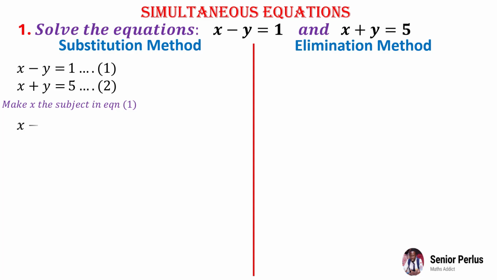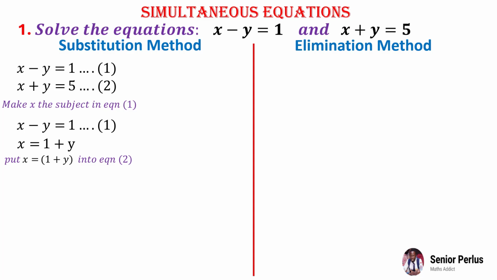So to make x the subject in equation 1, we have to add y on both sides, or you say that you move y across the equal sign, which changes to positive. Then x equals 1 plus y.